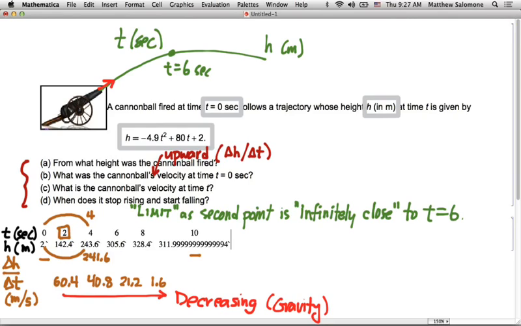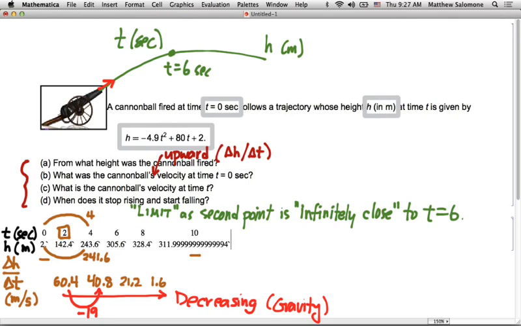Well, let's take a closer look. How are these velocities decreasing? By how much does this velocity decrease between time t equals 2 and t equals 4? That's 40.8 minus 60.4. 19.6. Is it?